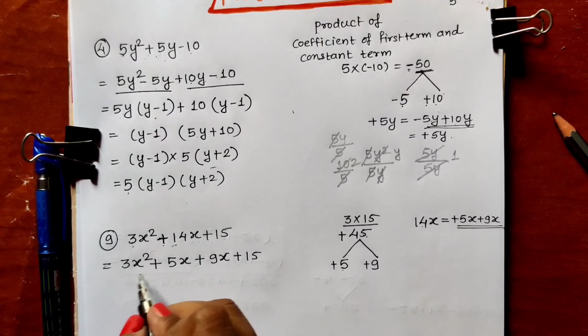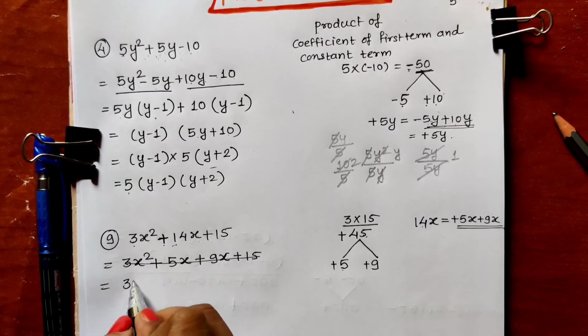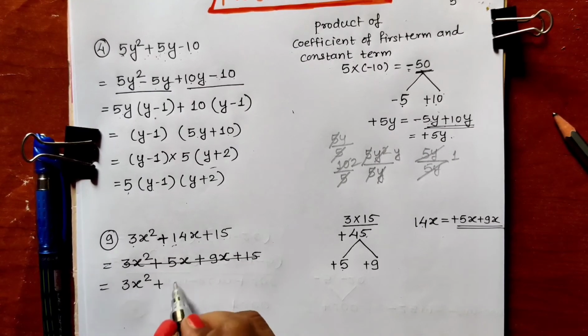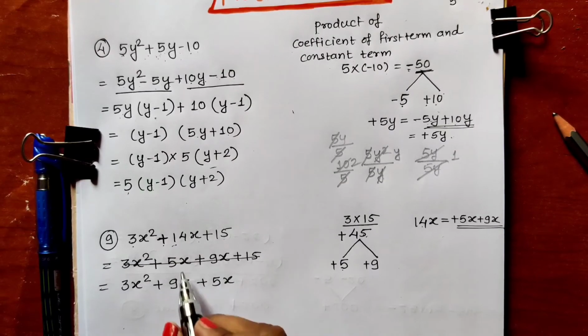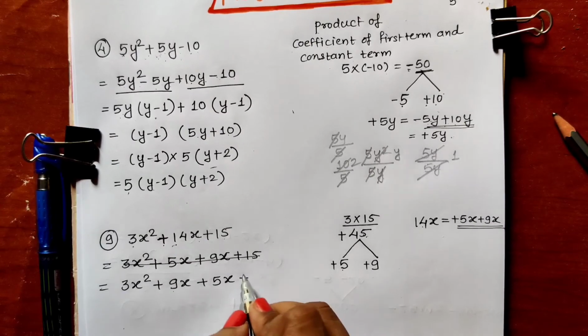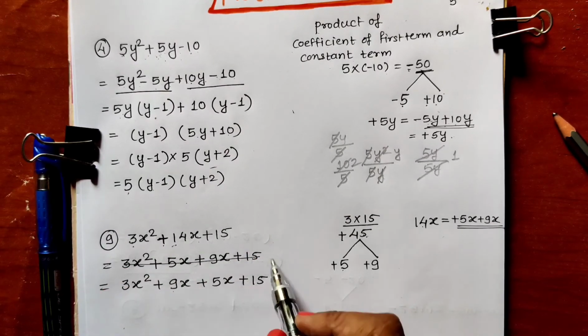So 3x square plus 9x plus 5x. In place of 5x plus 9x, if you write 9x plus 5x, it is easy to take out common. Otherwise we can take out common from these two also. I will show you from this step also.